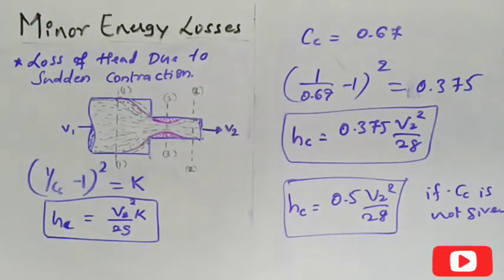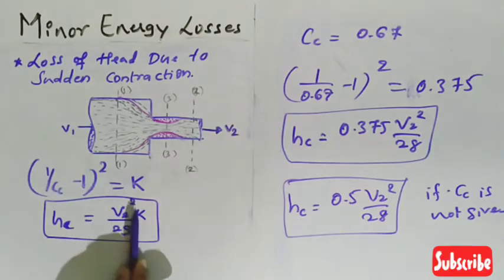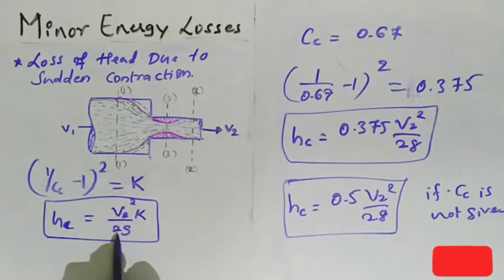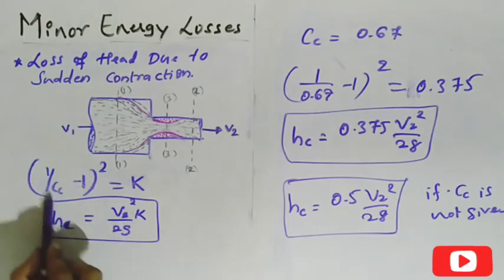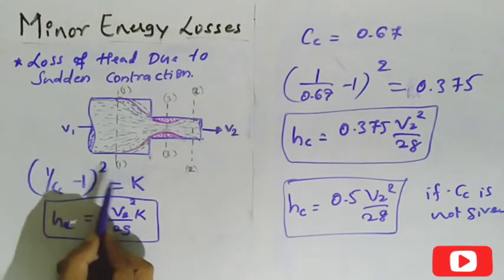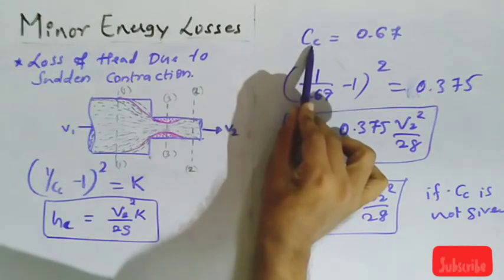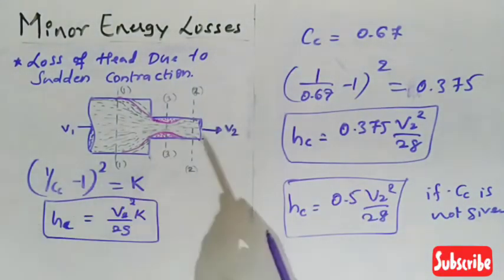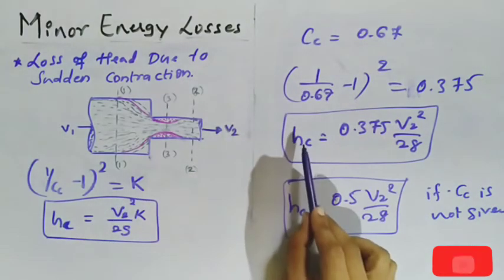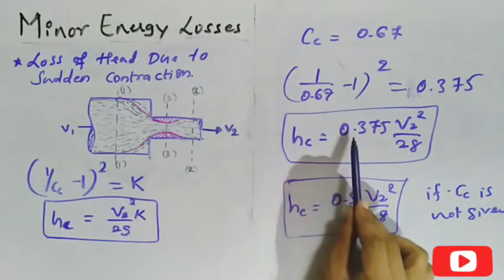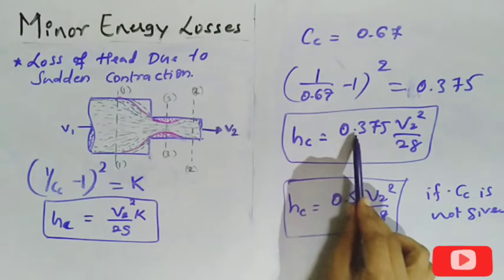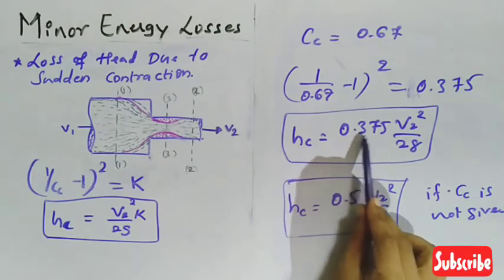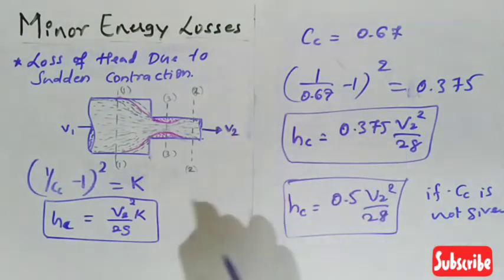Now this is the head loss due to the sudden contraction: HC will be equal to K V2 square divided by 2g, where K is equal to (1 by Cc minus 1) whole square. If the coefficient of contraction is assumed to be 0.67, then the head loss due to the contraction will be 0.375 V2 square divided by 2g.